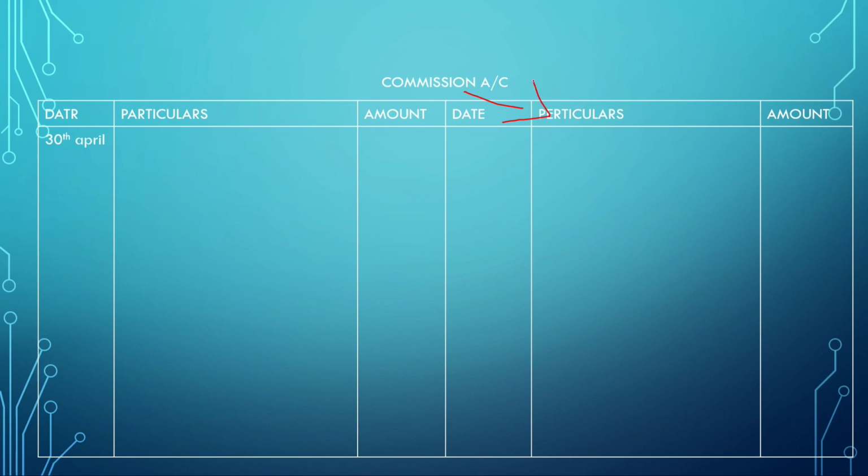The date was the 10th with the amount of 500 rupees. If they are providing services, meaning some benefit is given to the client, then only the company will receive the commission. So they are providing the services and receiving cash of 500 rupees.